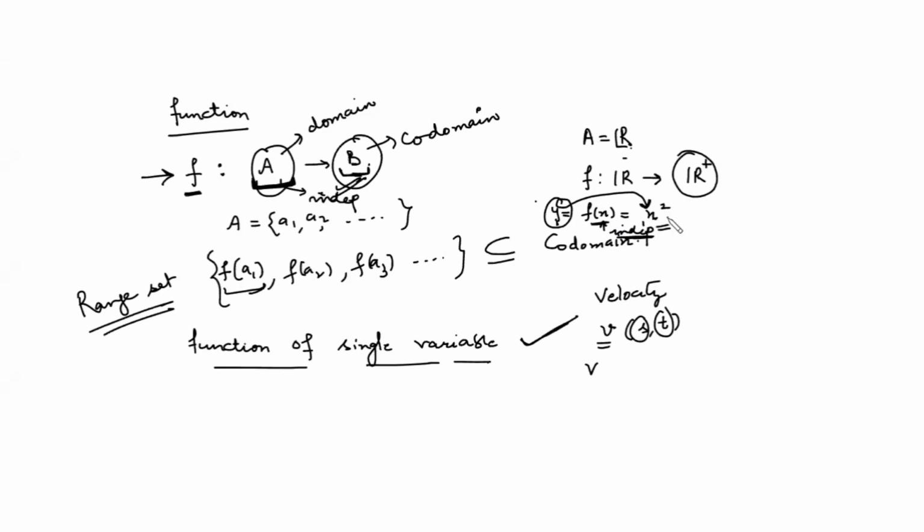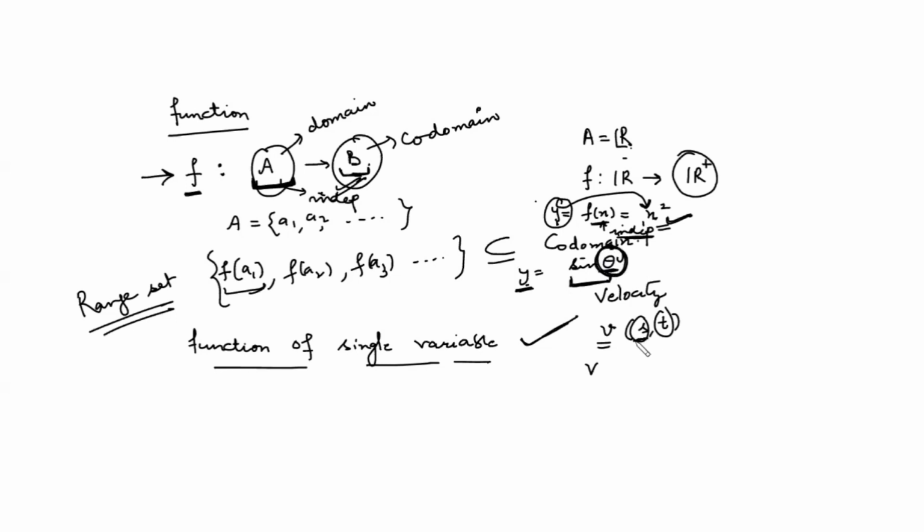Here y is equal to x square, and y depends on x only. Ma'am, trigonometric functions. Yes, trigonometric functions depend only on theta. If you write sine theta, you choose different values of theta and get y, the value of sine theta. So here y depends on only a single variable, that is theta.